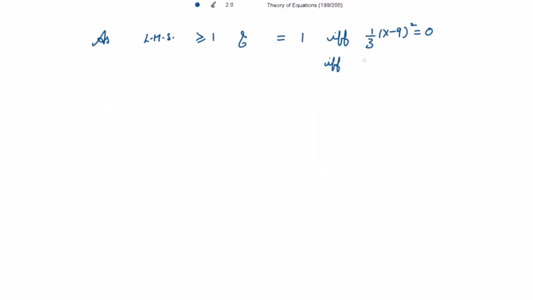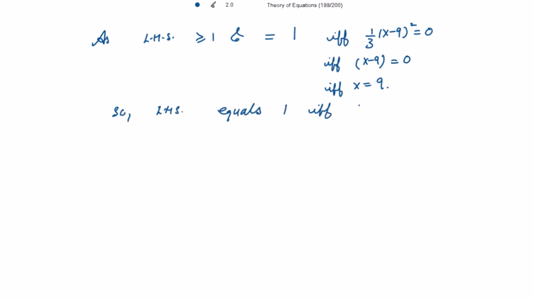So if and only if x minus 9 equal to 0. So if and only if x is equal to 9. So the left hand side equals 1 if and only if x is equal to 9. So writing further, we get x equal to 9.